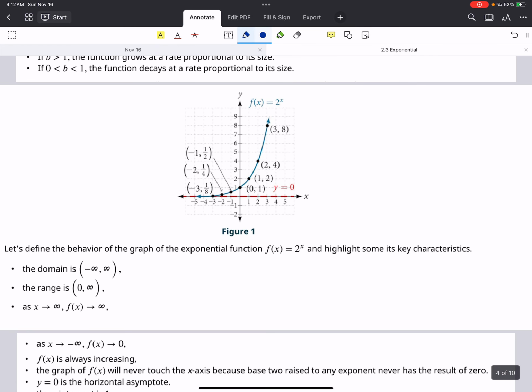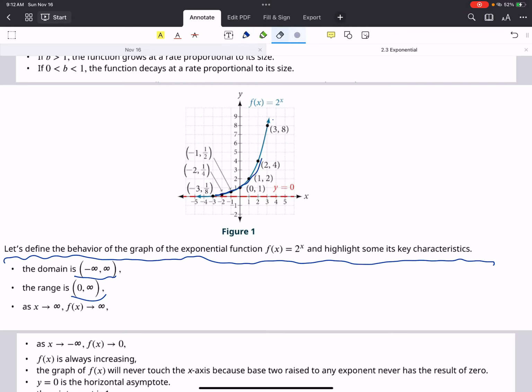Moving on. Let's define the behavior of the graph of the exponential function and highlight some of its key characteristics. We have the domain, which is from negative infinity to infinity. The range is from 0 to infinity. Remember, domain represents x, and range represents y. As x approaches infinity, f of x approaches infinity, which is true.